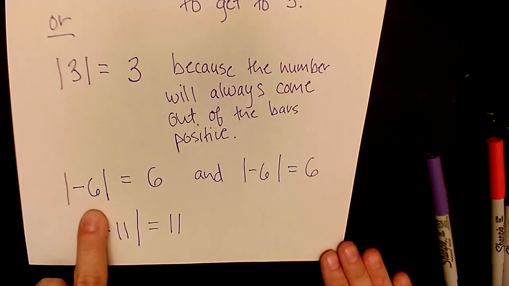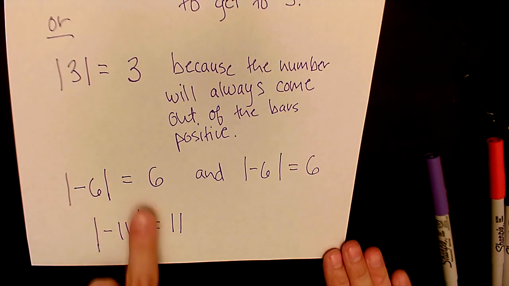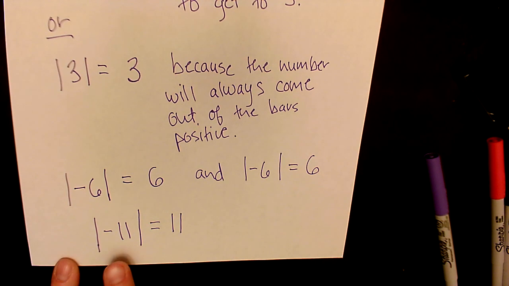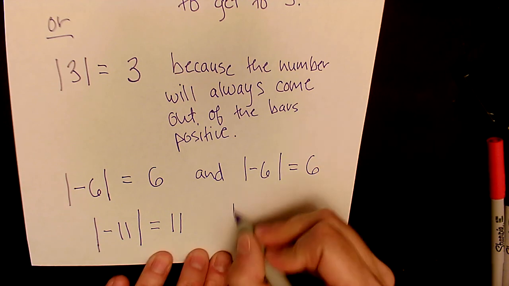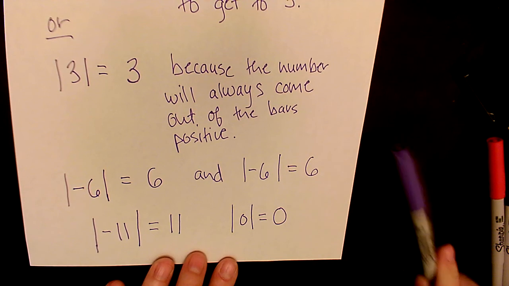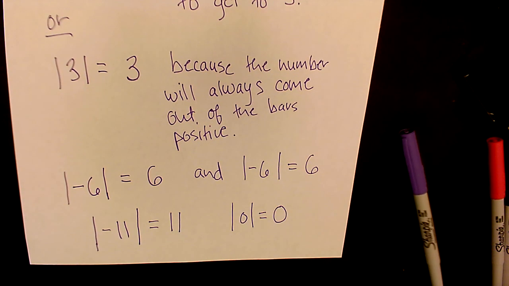If there's a negative number between the absolute value bars, it's going to come out positive. It comes out positive whether it's positive or negative inside the 2 bars. And 0, absolute value of 0 is just 0 because it's neither positive nor negative.